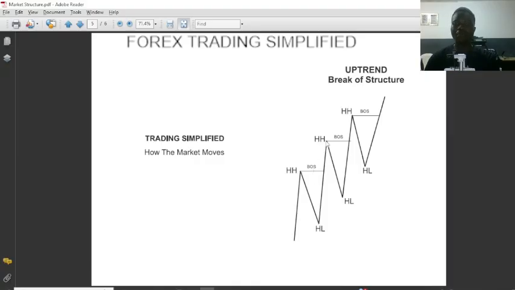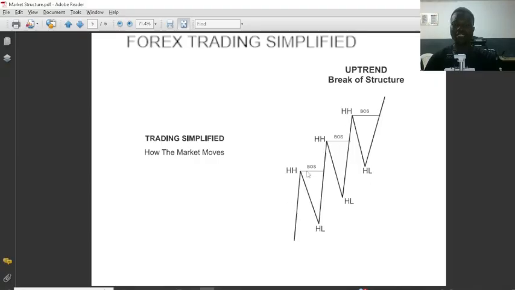Then at a point in time when the buyers attain this level, the sellers are going to overthrow the buyers, creating a higher low. And at a point in time, because the power of the buyers is so much in the market, they are going to take over the market and push the price up, breaking past the recent high, creating another break of structure, and so on and so forth.